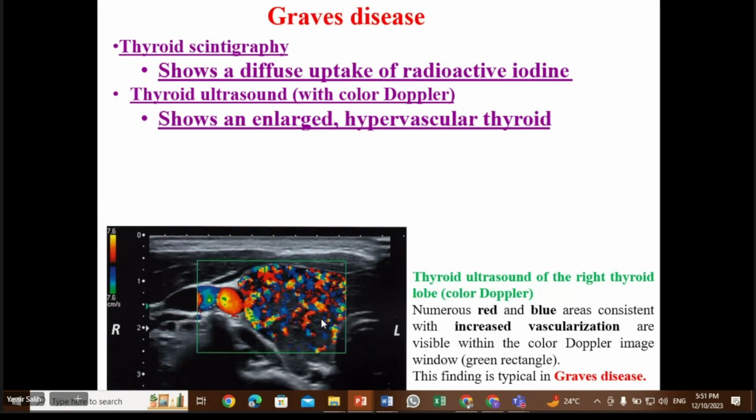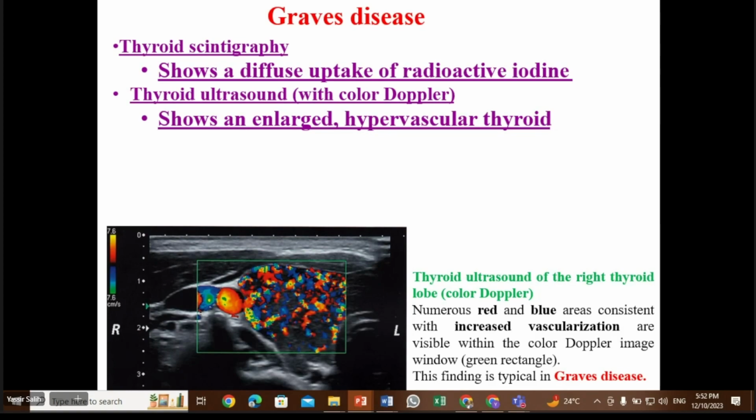On nuclear scintigraphy, it shows increased size with diffuse uptake of the radiopharmaceutical or radioactive iodine.